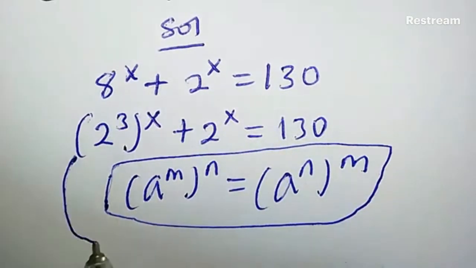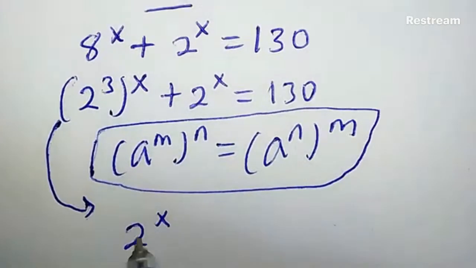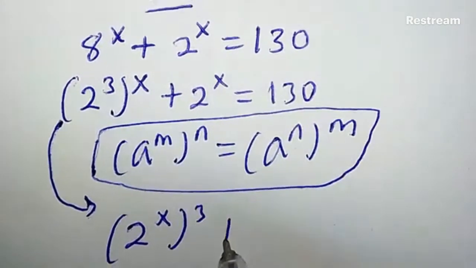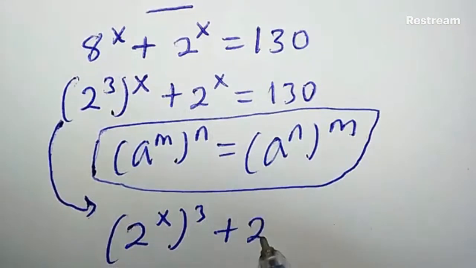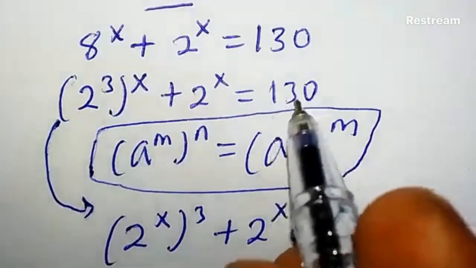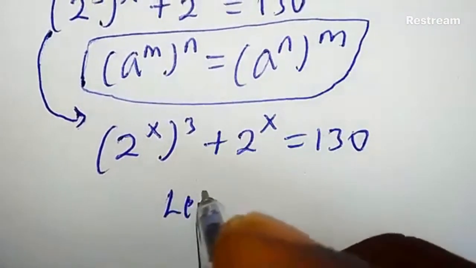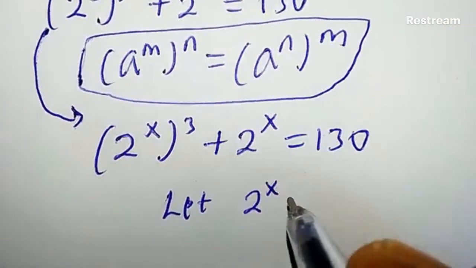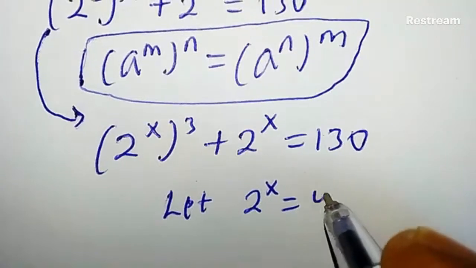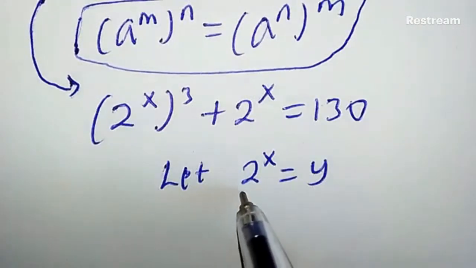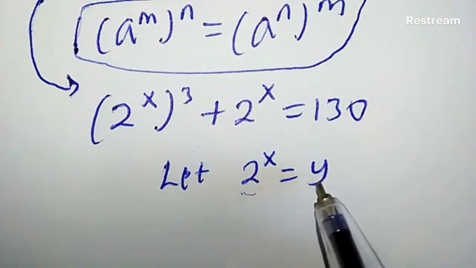So from here we're going to have 2 to the power of x, all to the power of 3, plus 2 to the power of x is equal to 130. Now, let us suppose 2 to the power of x is equal to y. That means anywhere we see 2 to the power of x, we are going to replace it with y.